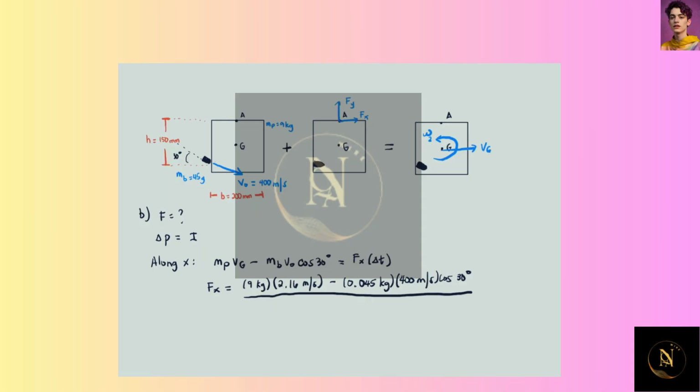So that's 2 times 10 raised to negative 3 seconds. So this will give us a value of 1926 newtons. So this is for the x component of the force.